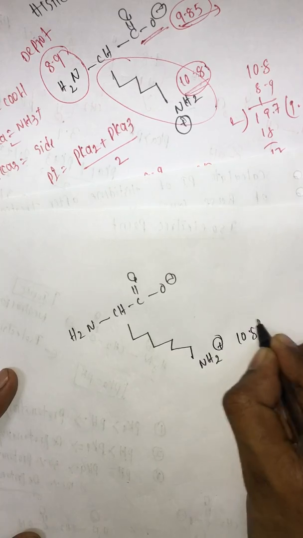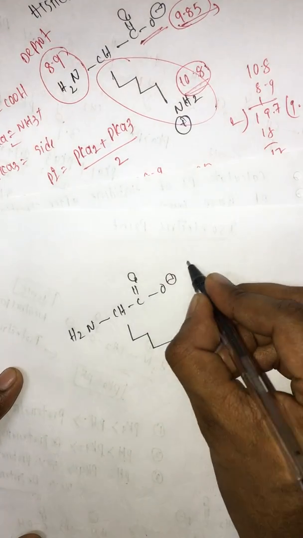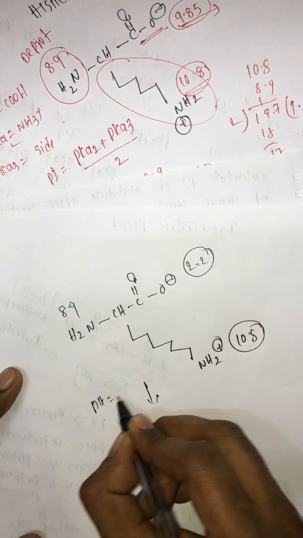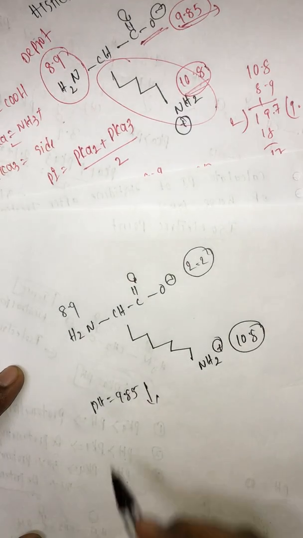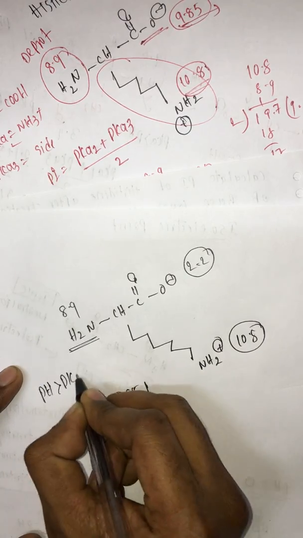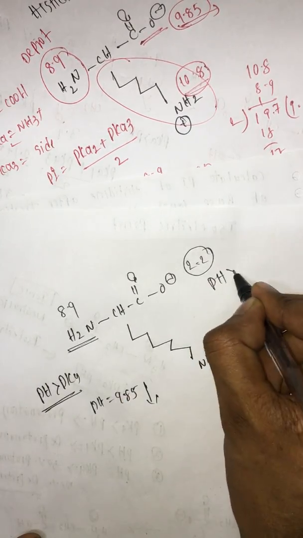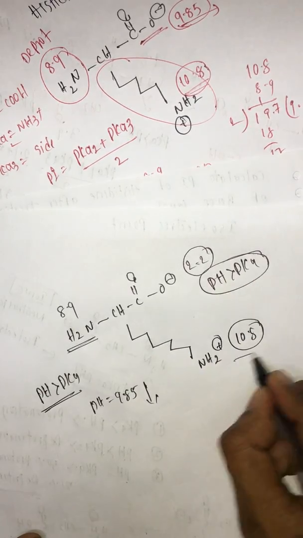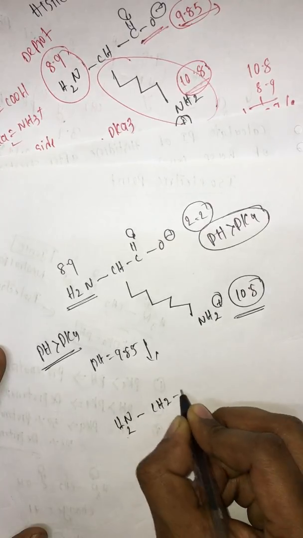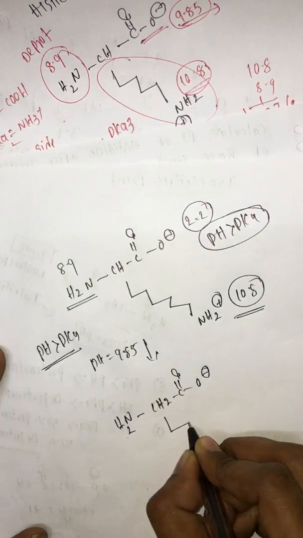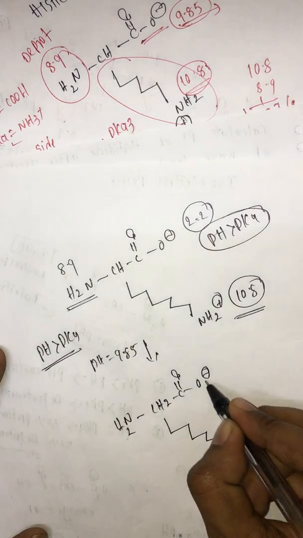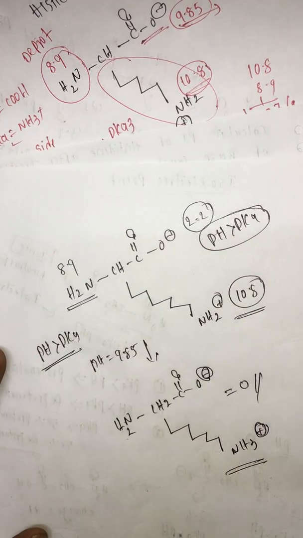Here 10.8 is the pK of this one, and 2.2, and here 8.9. At pH 9.85 this will be deprotonation because pH is greater than pKa. Same here, pH is greater than pKa, deprotonation, but here protonation will take place. That means it exists like this, with NH3 plus. So here +1 and -1, the total charge will be 0.